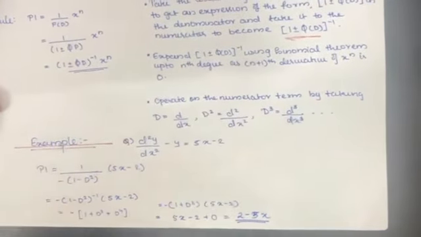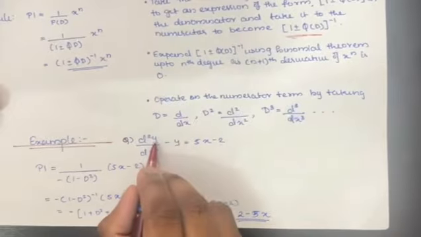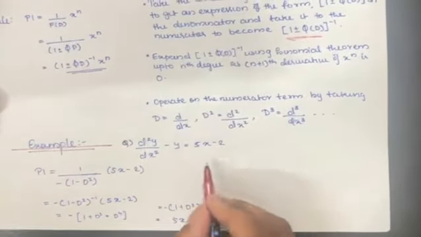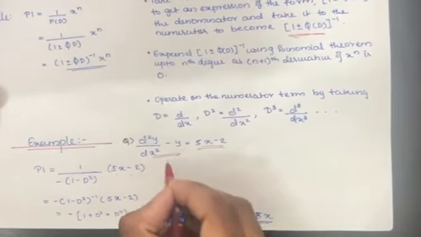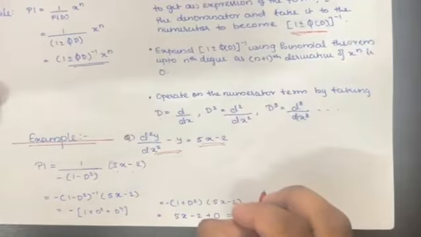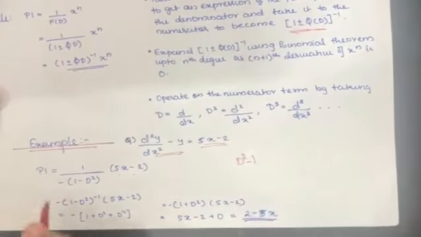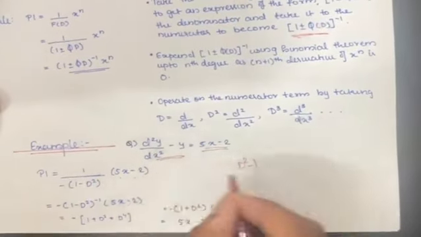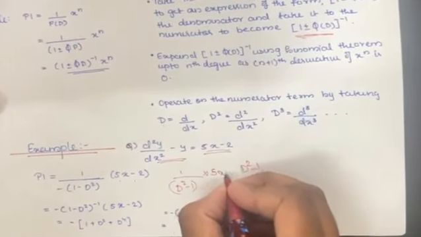Looking at the first example, the given equation is d square y by dx square minus y is equal to 5x minus 2. Here the RHS is 5x minus 2 and our LHS is not in our general formula using the derivative operator. So we have to first convert it into our general form, that is d square minus 1. Now coming to how to find the particular integral: 1 by d square minus 1 into 5x minus 2.